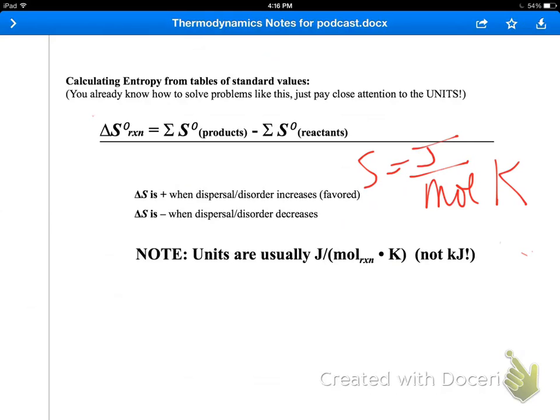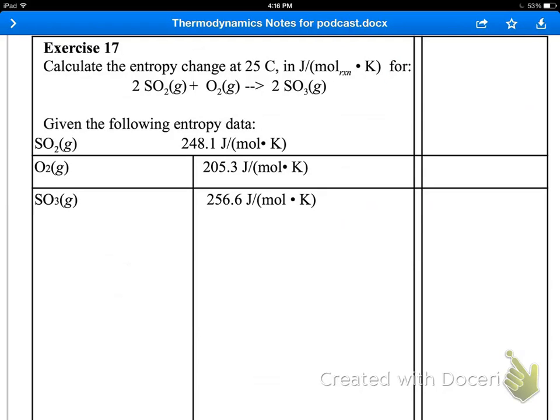Okay, so there is a temperature component to entropy, and it is not in kilojoules. They're not reported in kilojoules like enthalpy and Gibbs energy are. Okay, so be careful of that. Alright, so here we have a problem, and we want to calculate the total entropy.